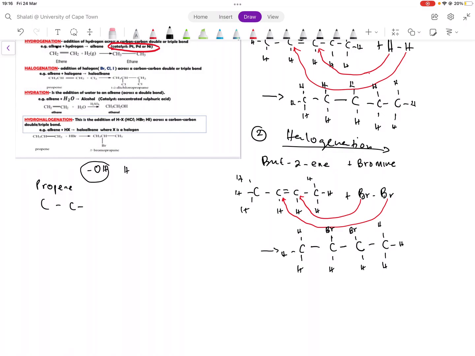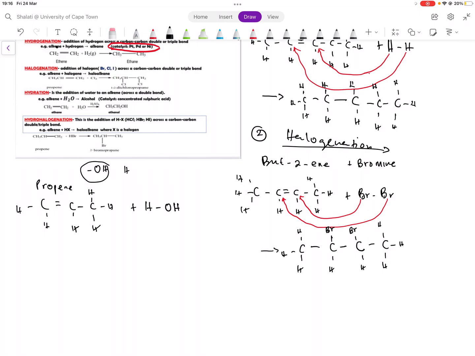So 3 carbons, that is the propene. And then we add H. Every time you add water into something, it's going to form an alcohol. That's why I always write it as H bonded to OH, okay.